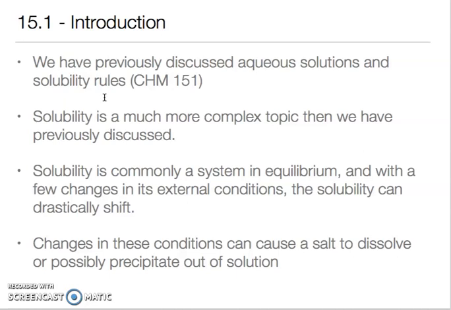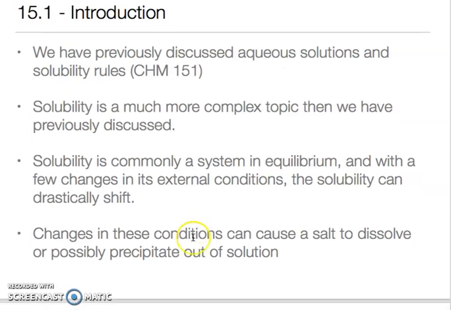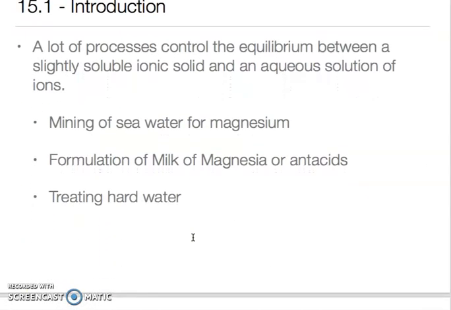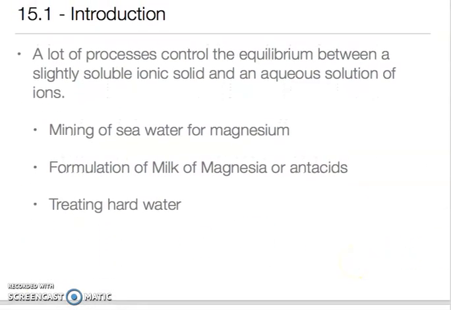These changes in the conditions can cause salts either to dissolve in solution or to precipitate out of solution. So we're going to try and use this to our benefit in a lot of cases. A lot of industrial processes, as well as biological processes, utilize solubility to their advantage.